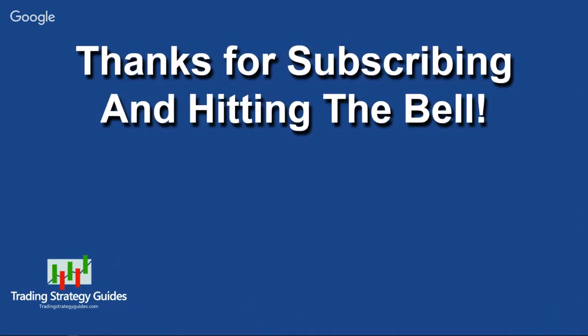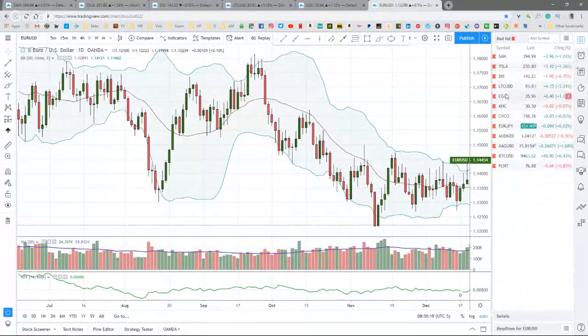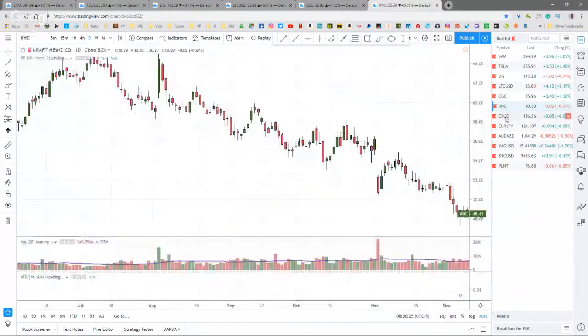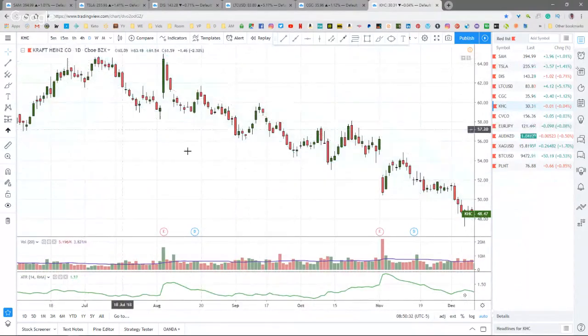Usually what I do is I have a big watch list of things that I look for signals on. And I think I've shared this with you guys before. This is my red list. The red list has active trades up here at the top, and then these are things that I have potential trades on. And if you go back and look at videos, you'll see these setups. Let me take this Bollinger Band indicator off of here.